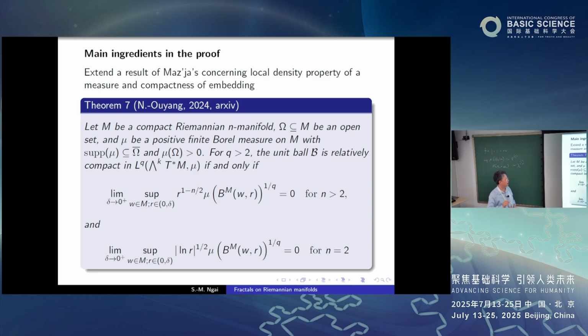Then if we can prove that the local density properties are preserved, we get compactness of embedding by using Maz'ya's theorem, and then we transfer the result back to the manifold. So that's the rough idea.